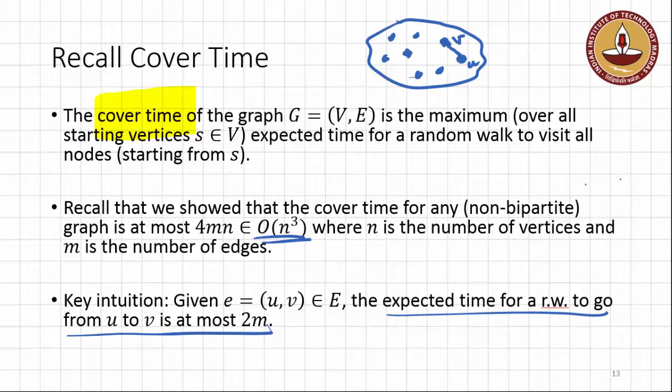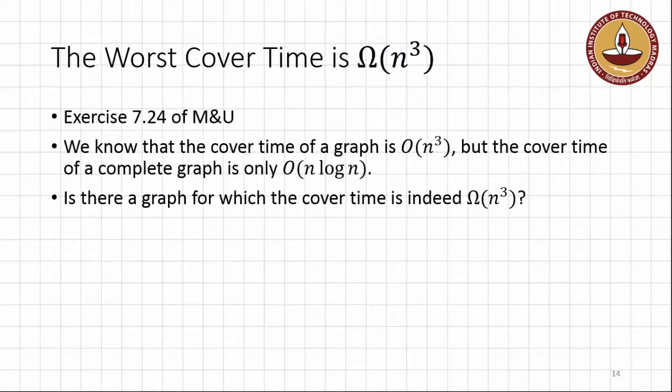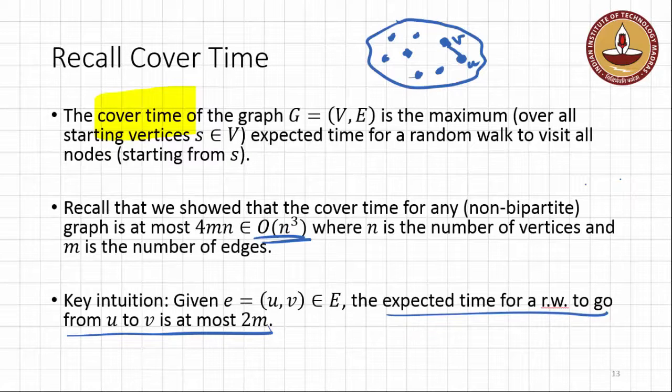Then, to complete the proof, we considered a spanning tree of this graph and argued that we could cover the spanning tree in at most 4mn time steps. We used linearity of expectation to do that.